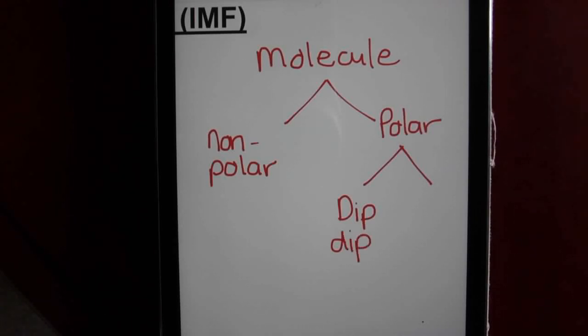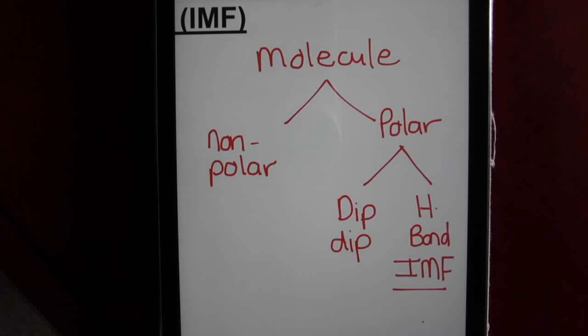I'm using abbreviations because it's just easier for me to write, but you must write out the words, sorry. And the other one is a hydrogen bond intermolecular force, which you will see when I explain it in detail is just a special type of dipole-dipole intermolecular force.